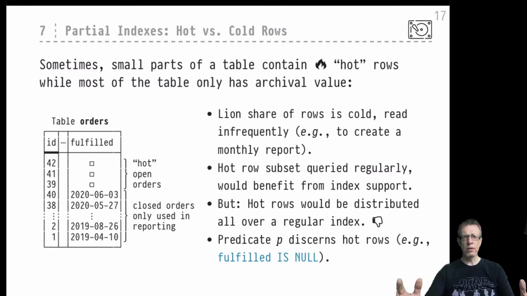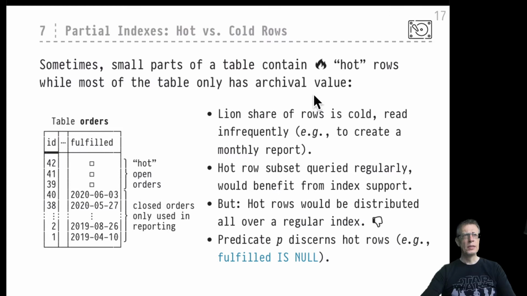So they are there so that you can build reports or compute statistics over them, but they are not used in your day-to-day business, in the frequent query business. Only the hot rows participate in the latter queries.